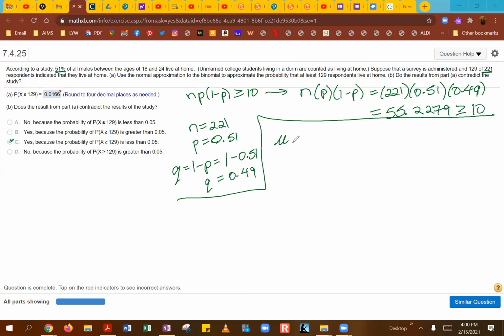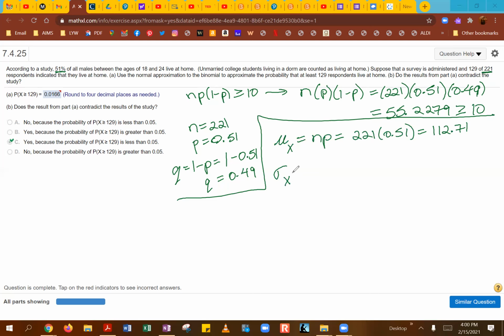For the mean for this variable, remember the formula is n times p, so that's going to be 221 times 0.51. Let's see, what does that come out to be? This comes out to be 112.71.